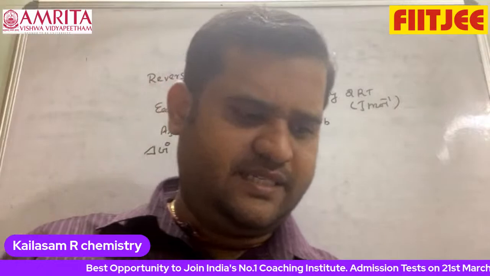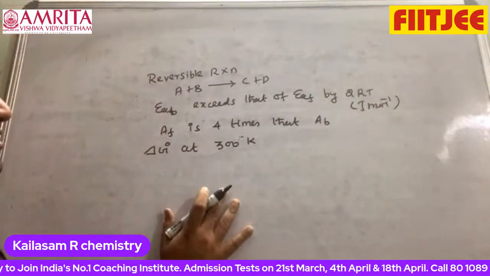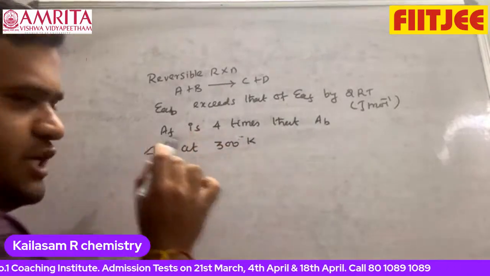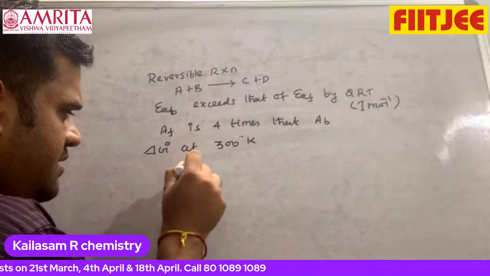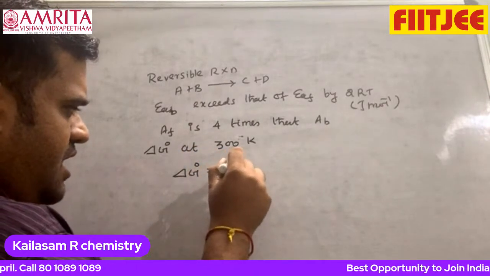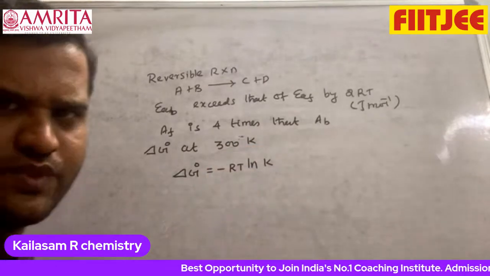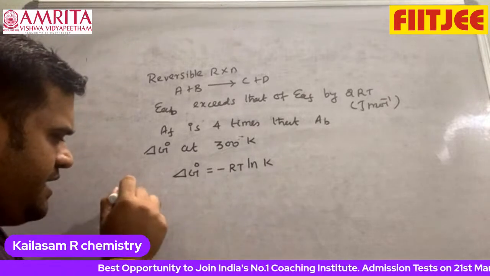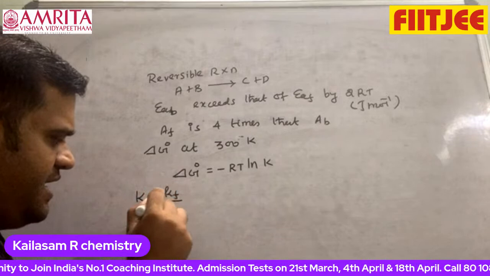Slowly you may start. Listen. First I want delta G naught. Write the equation one by one. Delta G naught is equal to minus RT ln K. Now K is nothing but KF by KB.